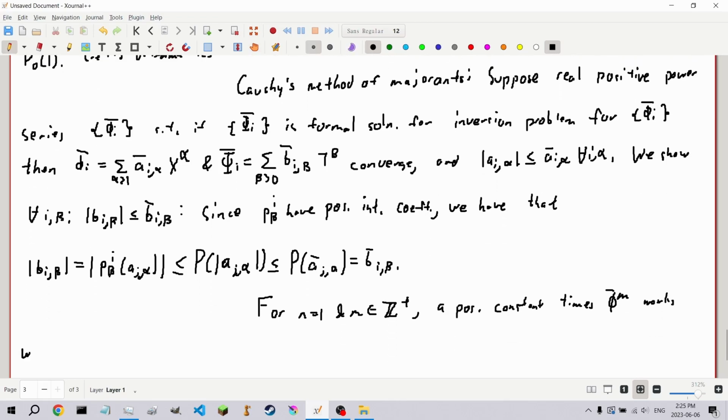Where phi bar to the m is defined to be the sum over positive i of m times x to the i, where m is of course positive. And of course we can renormalize to assume the positive constant is 1.